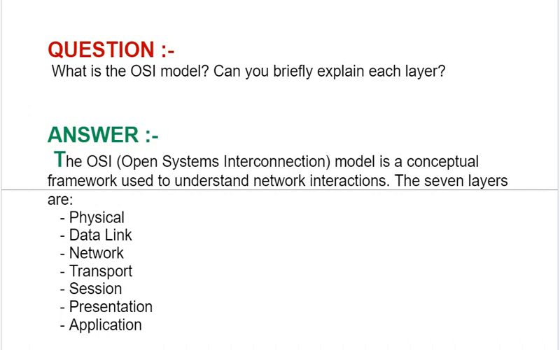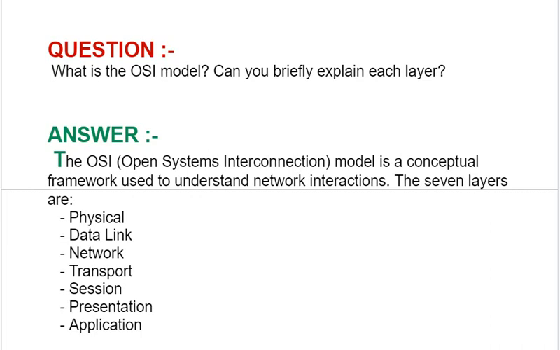Our interview question based on Certified Network Associate is: what is the OSI model? Can you briefly explain each layer? Your answer should be: the OSI, Open System Interconnection Model, is a conceptual framework used to understand network interactions.